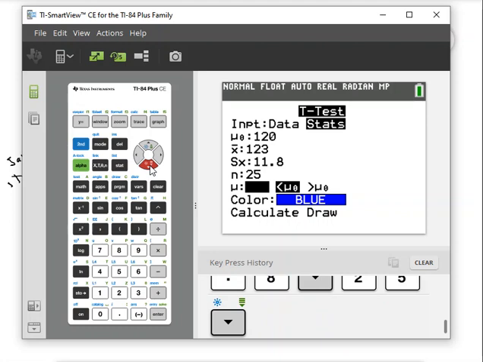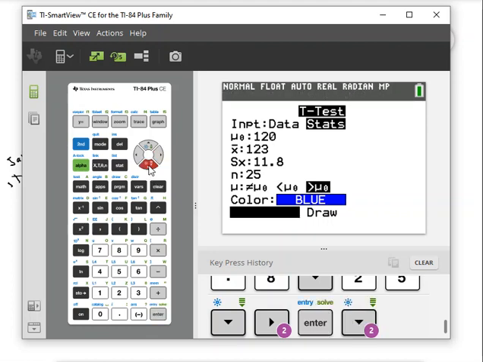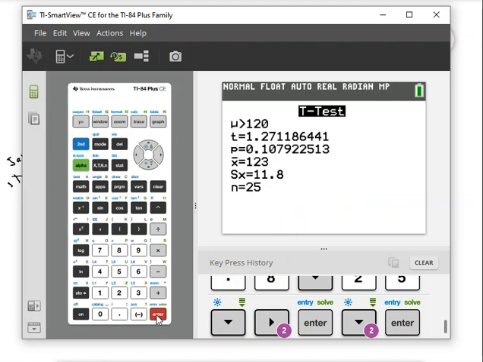And which tail test? Well, our critical region is pointing to the right. Calculate.